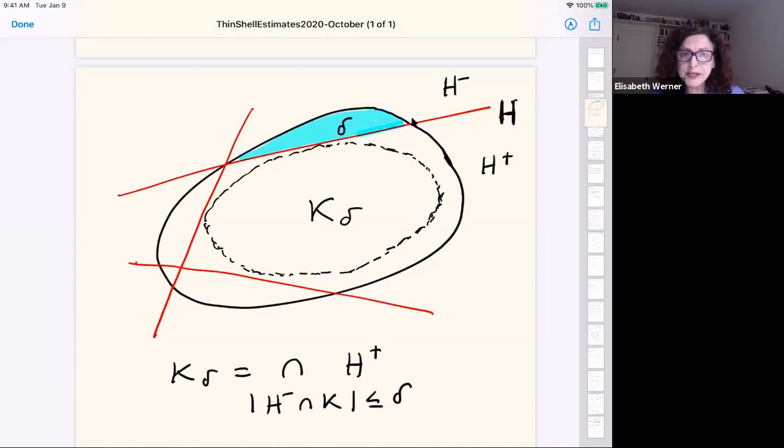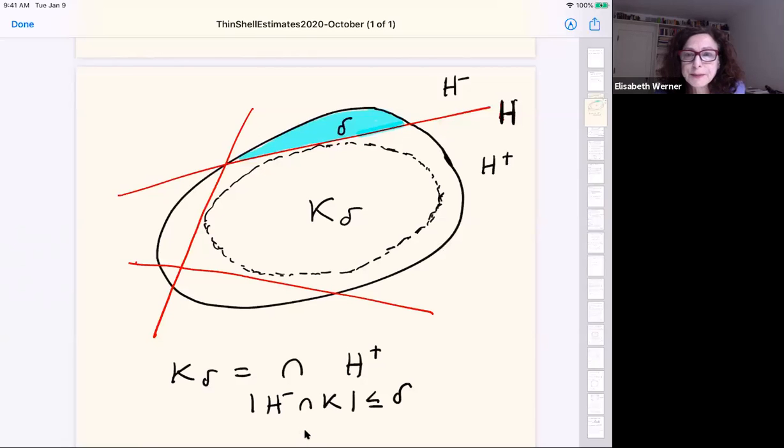So here we have our convex body K, and what do we look at? We look at hyperplanes H that cut off a set of volume delta of the body K. The hyperplane H gives us two half spaces, H minus and H plus.